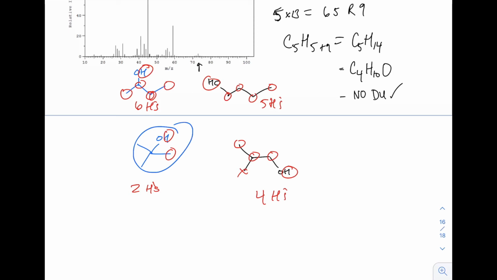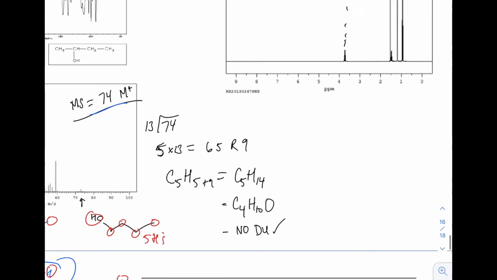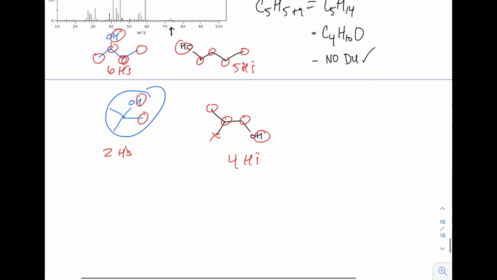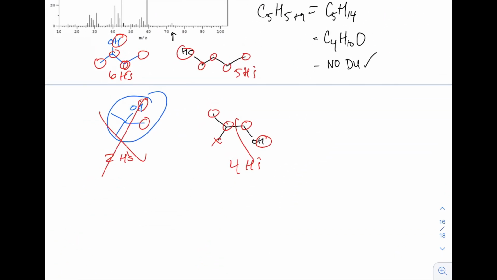And so that's what we would want to compare to this proton NMR. And we said it's obvious that there's 1, 2, 3, 4, 5 at least, if not more. And so that would immediately eliminate this one and this one.